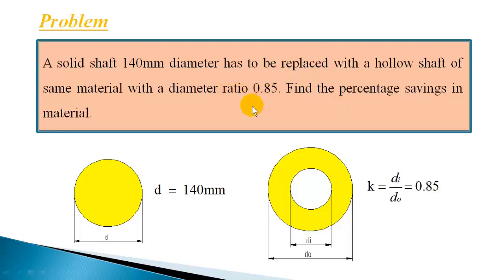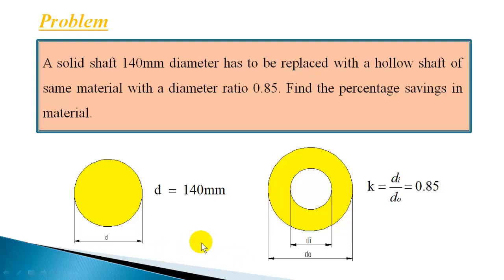But whenever it's not mentioned, you should replace it for the same torsional strength. When you replace a solid shaft with a hollow shaft for the same torsional strength, the replaced shaft will have a more torsional rigidity than the solid shaft.